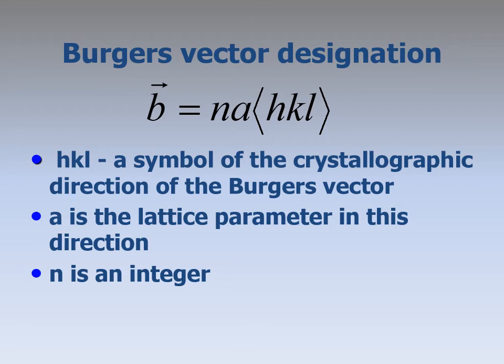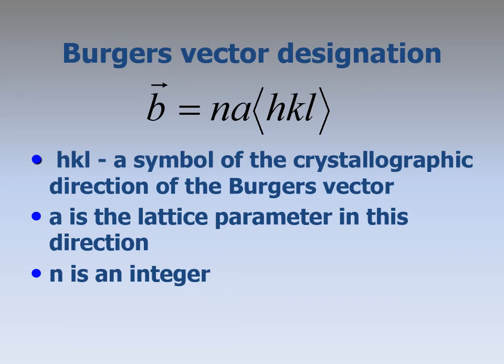Since the Burgers vector is an important quantitative characteristic of the dislocation, it is necessary to mark it so that the record reflects the direction and magnitude of the vector. The Burgers vector is usually written in the following way, where HKL is the symbol of the crystallographic direction of the Burgers vector.